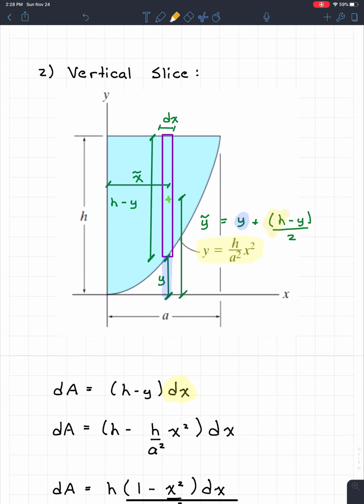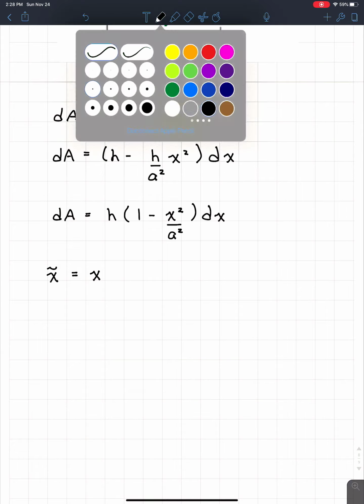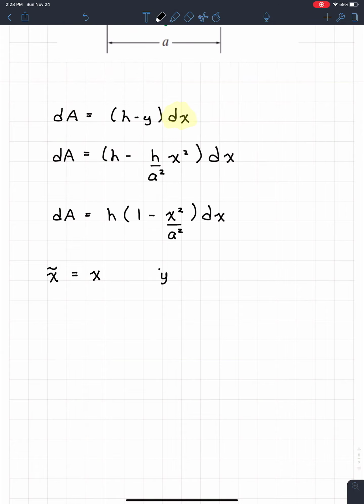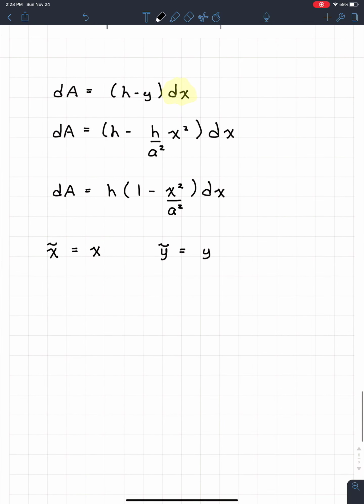So we have this term right here to get this distance right there. So that's how we find our y squiggle. And if you look at that y squiggle, that absolutely sucks. So this is why you want to avoid it as much as possible. So I'm going to come down here. Y squiggle is going to be equal to y plus, I'm just going to take the 1/2 out, h minus y.